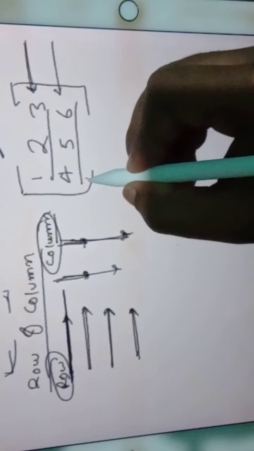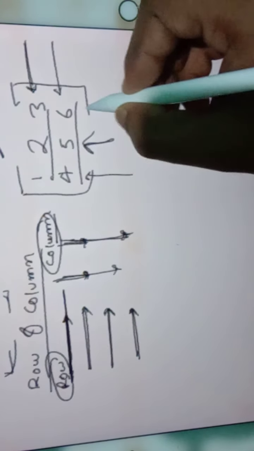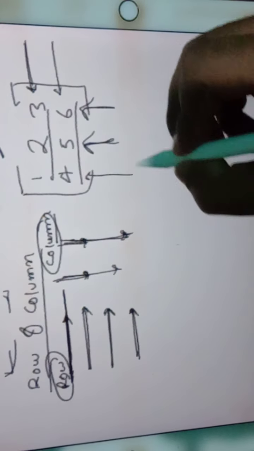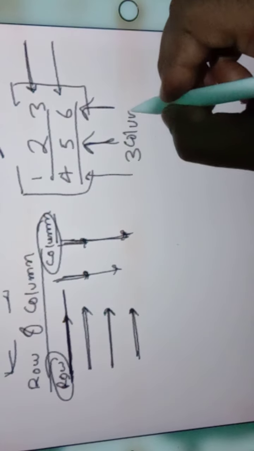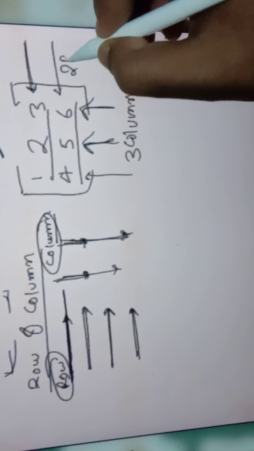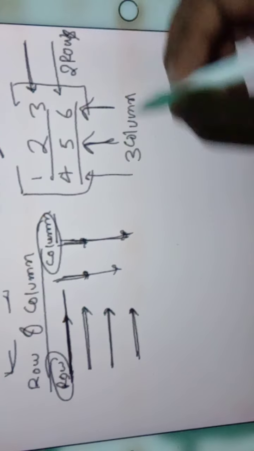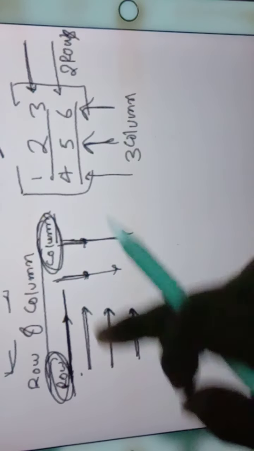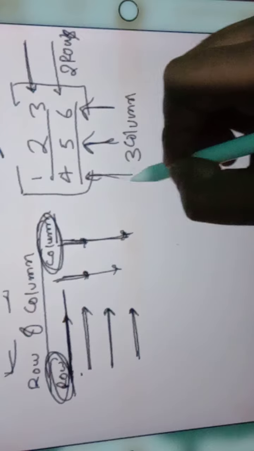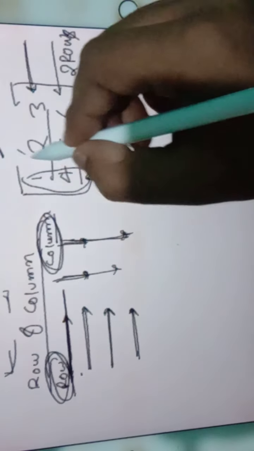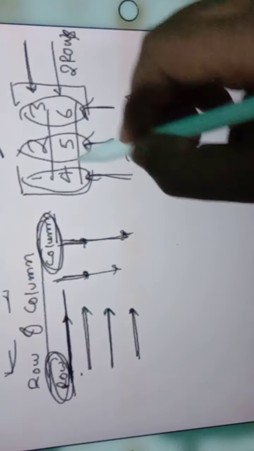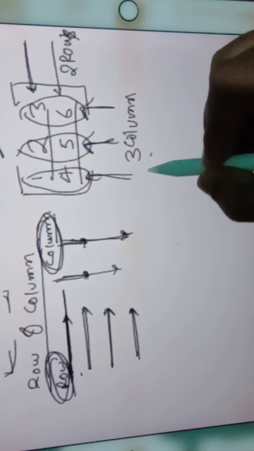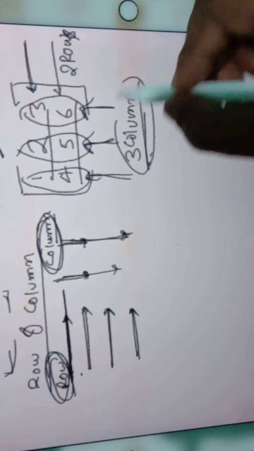And this is a column, first, second and third. The vertical line, here this is one vertical line. So how many vertical lines? First, second and third, therefore 3 columns.